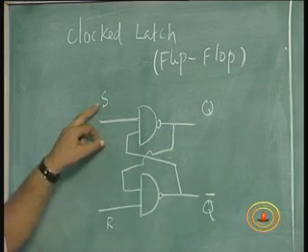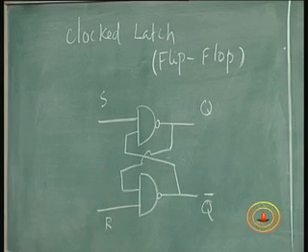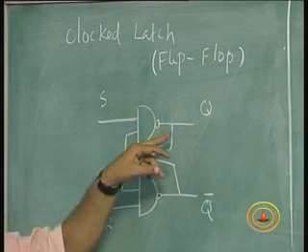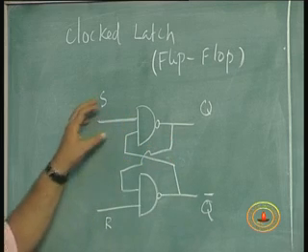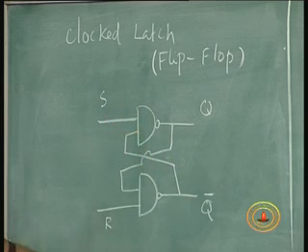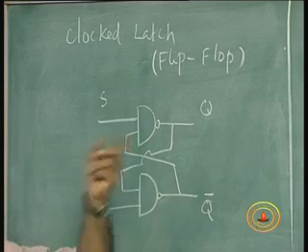When set is 1 and reset is 0, Q is 0. We did not want it, actually when set is 1 and reset is 0, we want the output to be 1. Set is 0 and reset is 1, we want the output to be reset to 0.